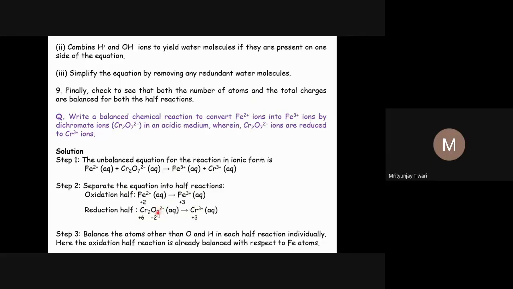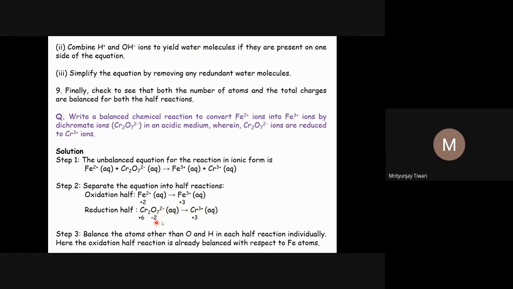So the oxidation number of oxygen in the dichromate ion is -2, as it is an oxide. Knowing this, we can find the oxidation state of chromium. 7 times -2 is -14, plus 2x for the two chromium atoms, should equal -2, the net charge on the ion.